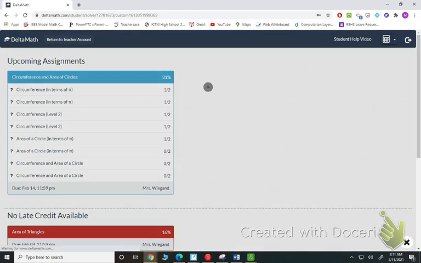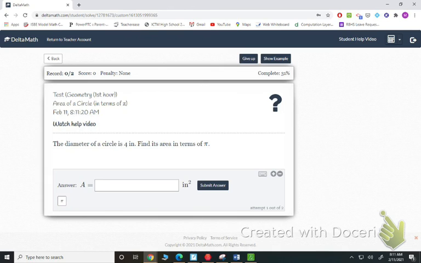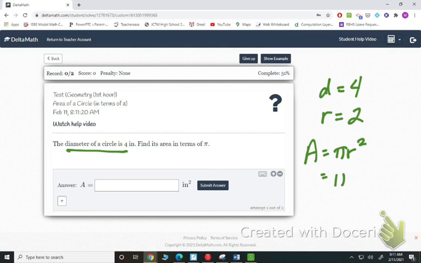Okay, so now let's take a look at find the area, but this time I'm going to give you the diameter. Notice it says the diameter is 4 inches. If the diameter is 4, think about it, diameter goes all the way across, so to find your radius, you're just going to divide it by 2. So 4 divided by 2 is 2. Area is pi r squared, and my radius is 2.